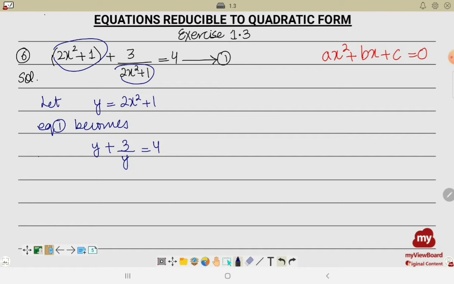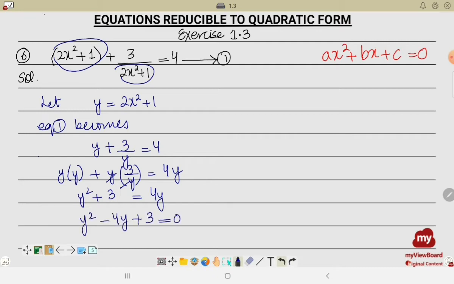We have multiplied the whole equation by y, so it becomes y square, the y cancels, we have 3, and we have 4y here. We'll just rearrange our equation. So you see now the equation is in the standard form.